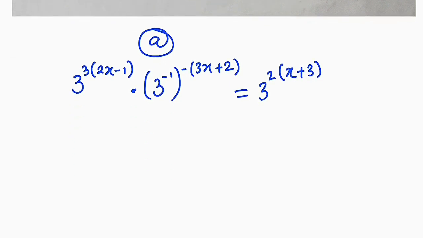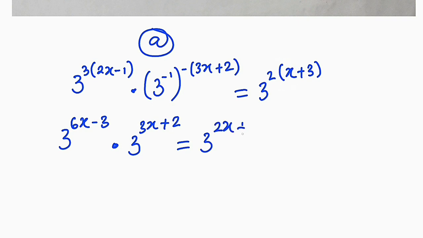So from here we can expand this. We have 3 to the power of 3 times 2 is 6x minus 3 times 1 is 3. Then multiplied by, you see this negative 1 times this negative will give us what? Positive. So this is just 3 to the power of 3x plus 2. This is equal to 3 to the power of 2 times x is 2x plus 2 times 3 is 6.